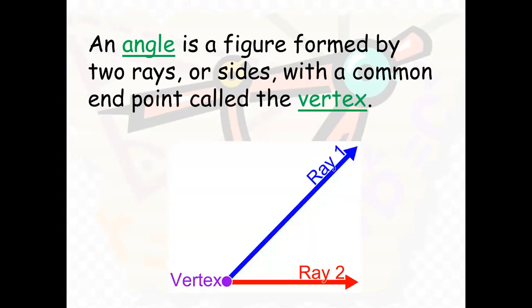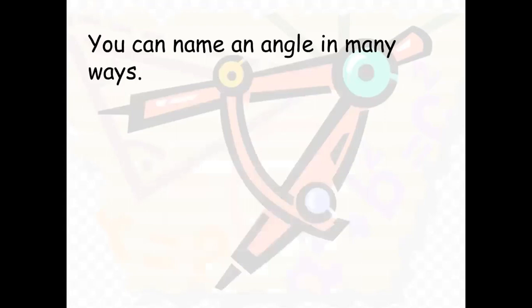So an angle looks like this. As you can see, ray 1 and ray 2, these are two rays. So the point at which they meet, the common point, is called the vertex, and the plural of vertex is vertices.